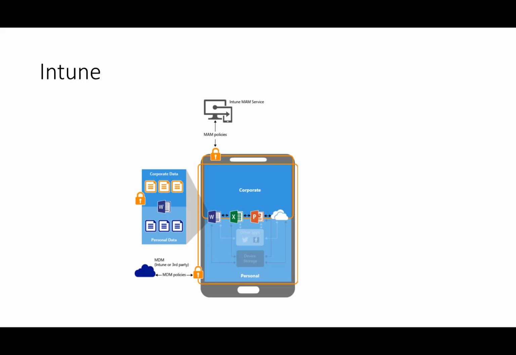When we look at Intune, this is both mobile device management and mobile application management. So this allows us to separate both corporate and personal data on an application level, and that's even without enrolling the device completely for our control in the device management of Intune. With mobile application management, we can encrypt corporate data on these applications.